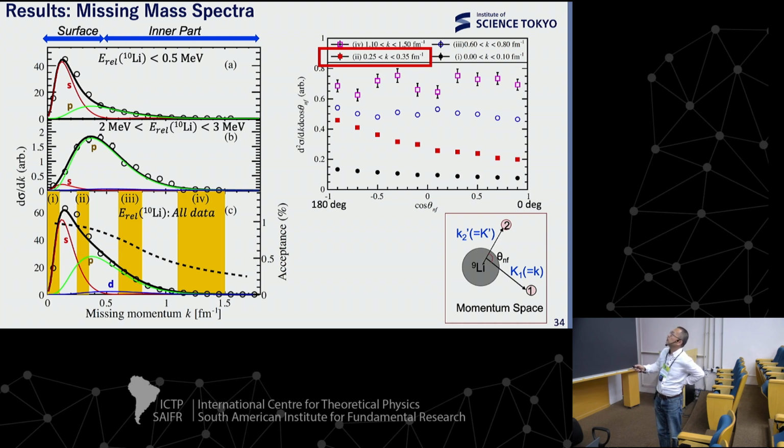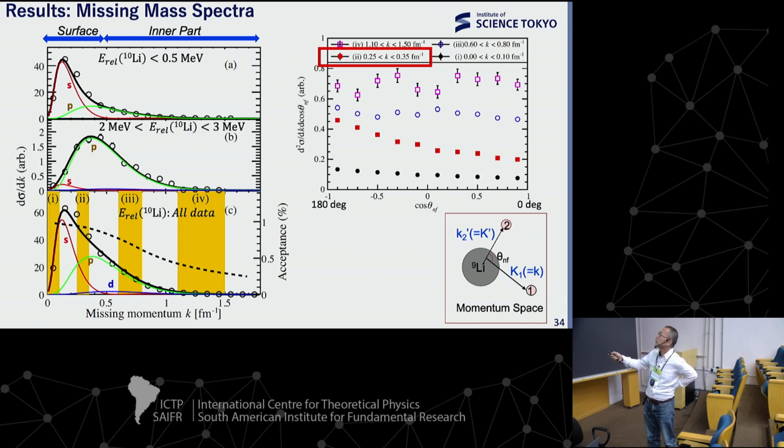If you look the other way, we select these regions: very small momentum, second small, third small, and very large, and look at the angular correlations between these angles. What we found is that most of them are rather flat, except for this one, in between 0.25 and 0.35, this region. Only in this region do we have strong correlations.